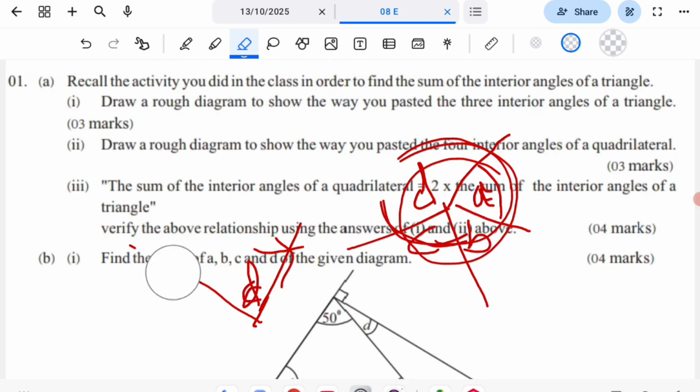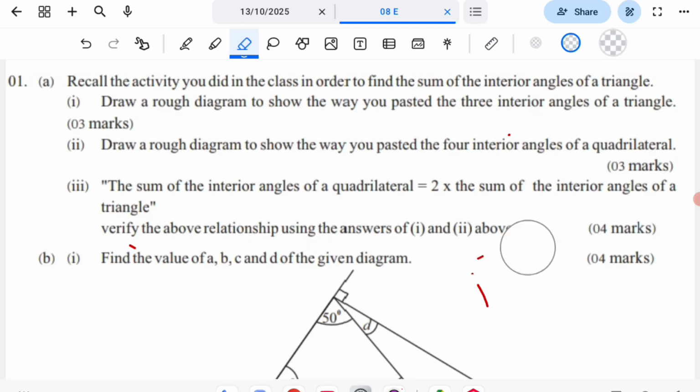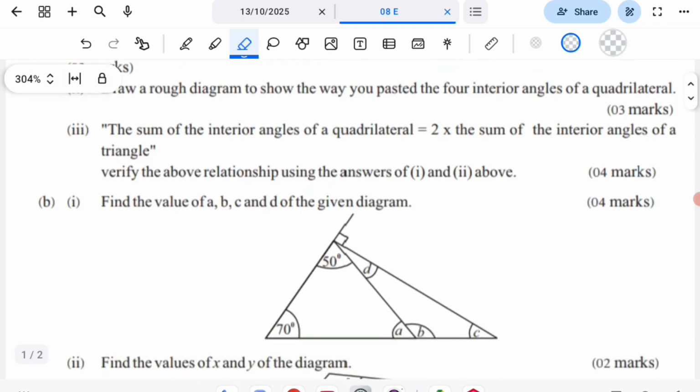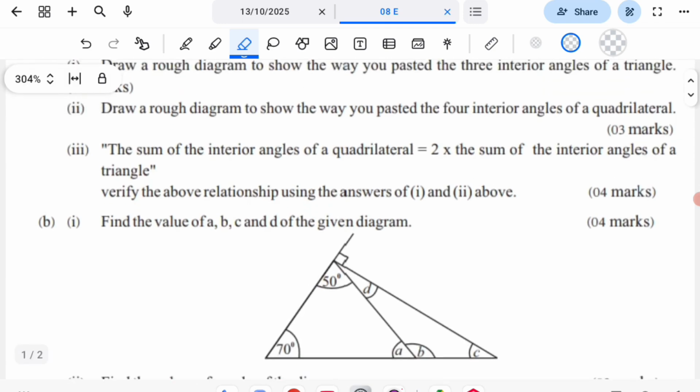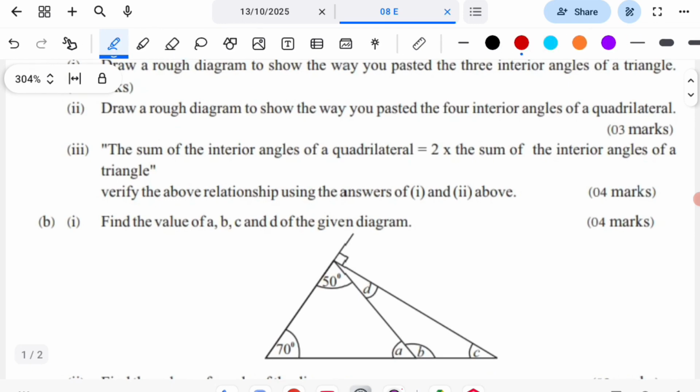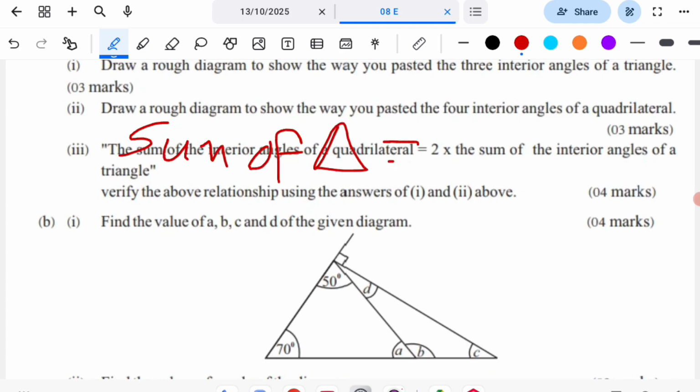Then part 3: the sum of interior angles of a quadrilateral equals 2 times the sum of interior angles of a triangle. Verify the above relationship using the answers in part 1 and 2 above. Right, the sum of interior angles of a triangle is 180 degrees.